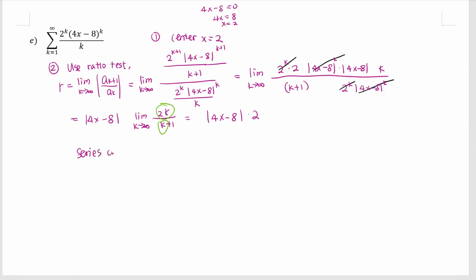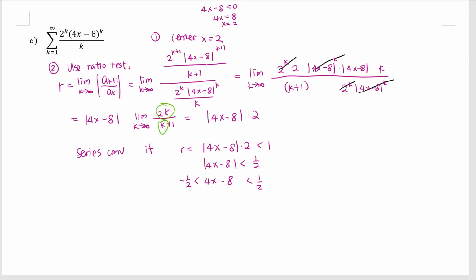Series converges if our ratio, which is the absolute value of 4x minus 8 times 2, is less than 1. Okay, let's solve for it. So we divide both sides by 2. And then we get rid of the absolute value. So this is small. You will see, because r less than 1, you always get a small distance. So that's why it's always bounded between the numbers.